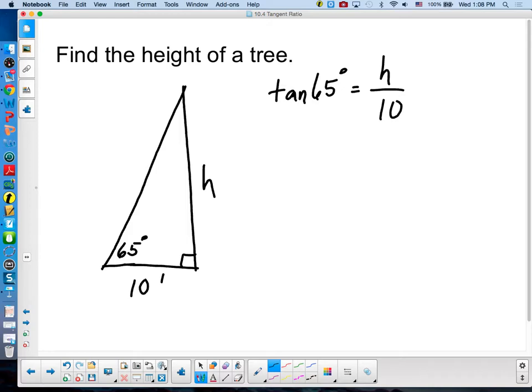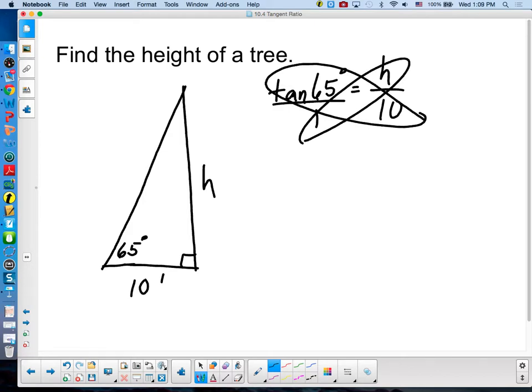And what did I do? Over 1. Cross multiply. So you can't just take 10 times 65. No, it's the tangent of 65 you have to take times 10. So the tangent of 65 multiplied by 10 will give you the height.